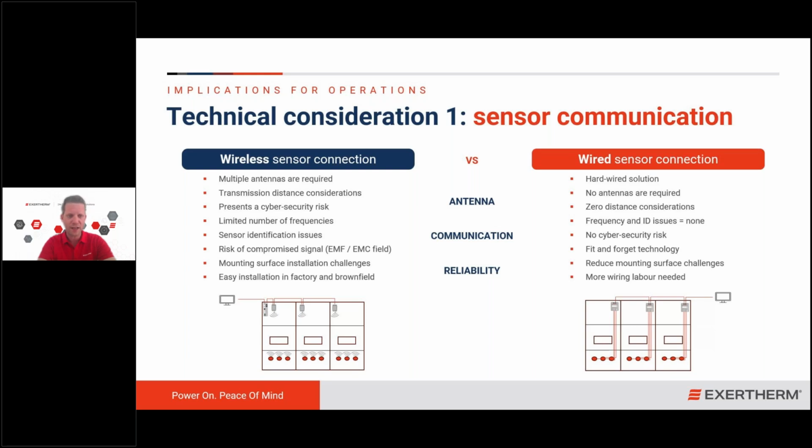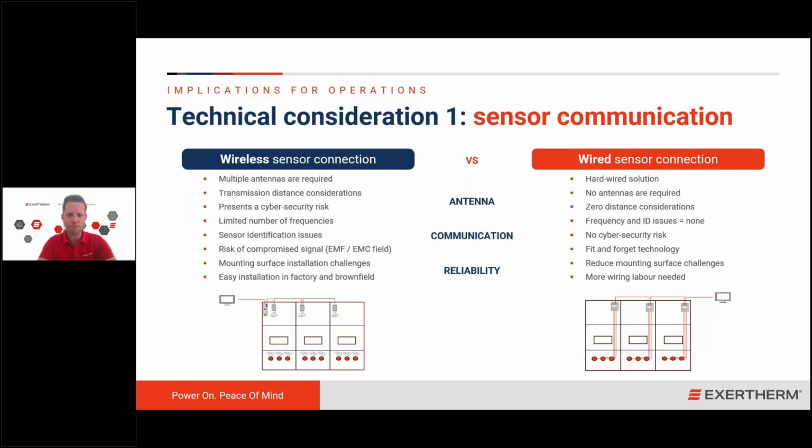Then wireless communication always presents a cybersecurity risk. There's segments out there in the market who don't want to even allow any cybersecurity openings for entering any part of their systems. So that's an aspect to think about. Then different technologies have different numbers of frequencies that can operate in.